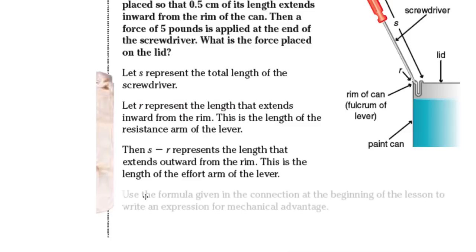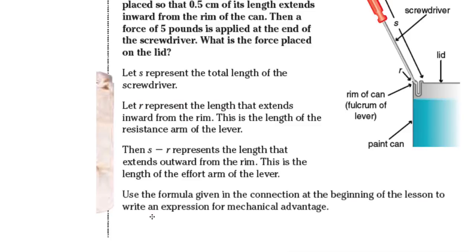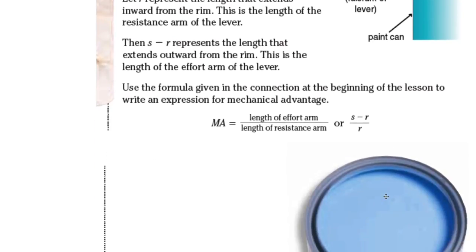Then we use the formula given at the beginning of the lesson to write an expression for mechanical advantage. Again, the formula for mechanical advantage is length of effort arm over length of resistance arm. In this case, S minus R all over R. And then evaluate the expression for the given values.